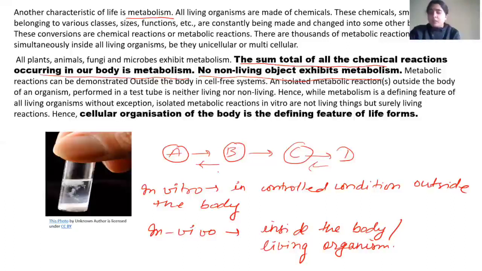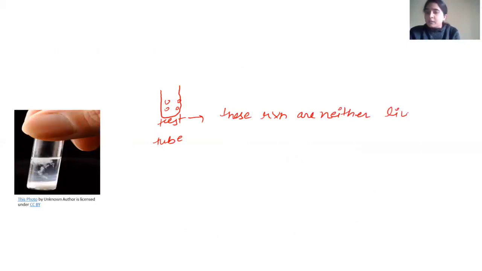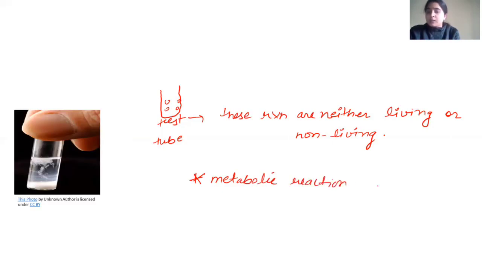Okay, when metabolic reactions are demonstrated outside the body in a free system, let's take an example that metabolic reactions are taking place in this test tube. So what happened? These reactions are neither living nor non-living, but the important concept is that metabolic reactions are living.